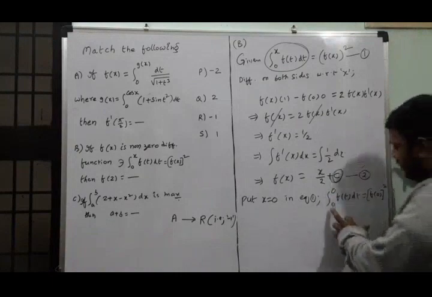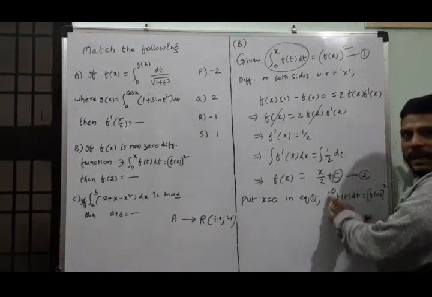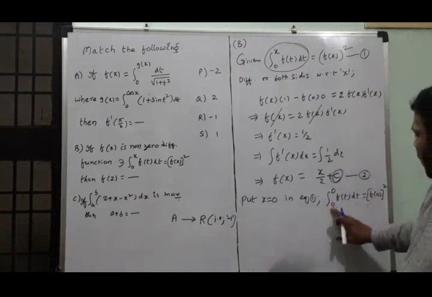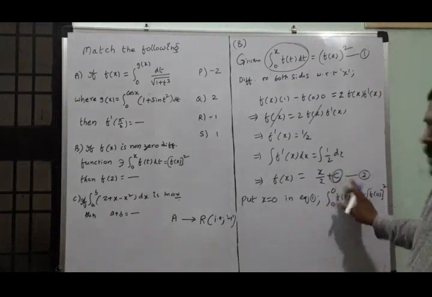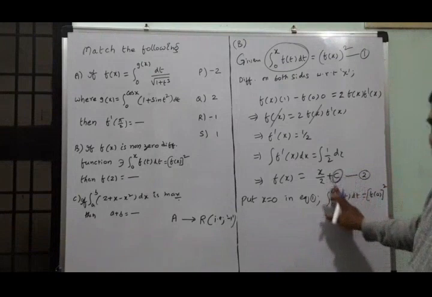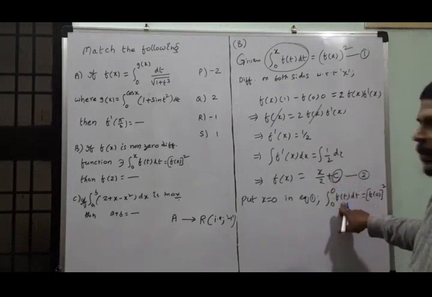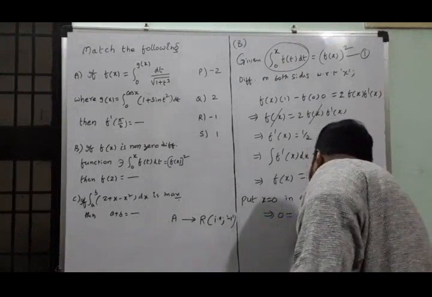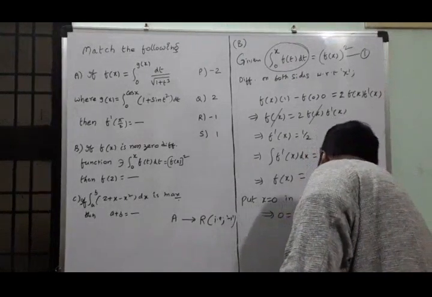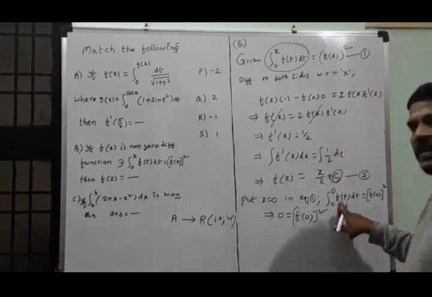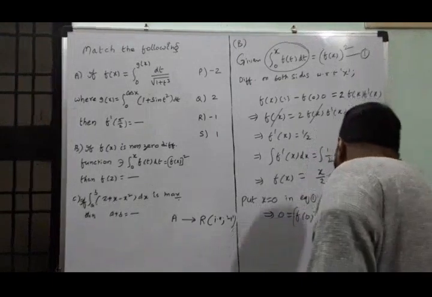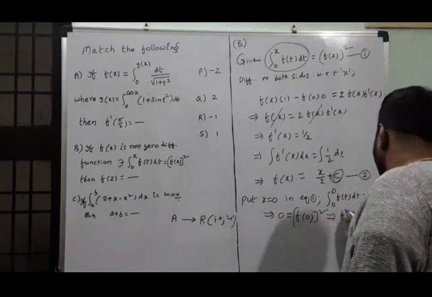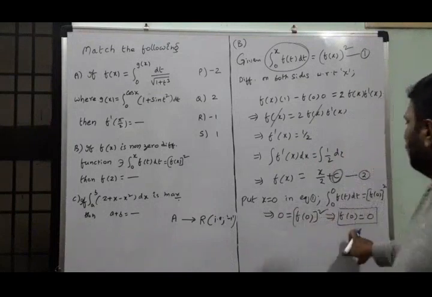Now whenever the lower limit and upper limit are equal, the value of the definite integral is 0. So 0 is equal to (f(0)) whole square. This implies f(0) is equal to 0.